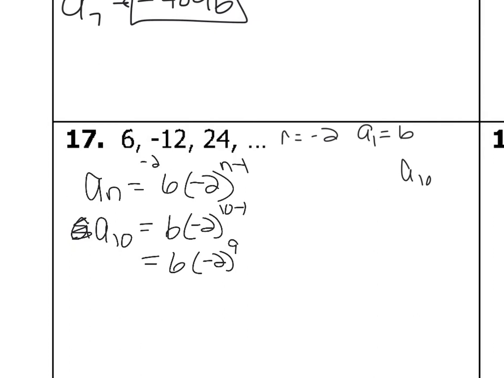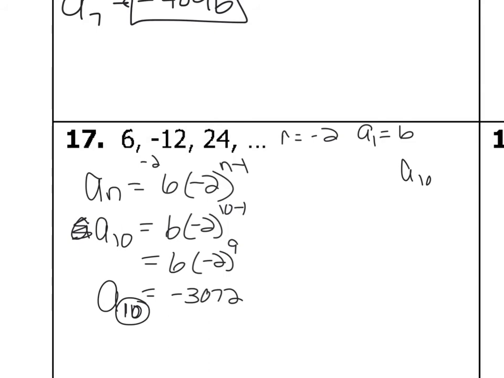I did the wrong thing. 6 times parentheses -2 parentheses to the 9th power is -3072. Okay? So instead of doing the 7th like they were asking, I changed it up and we're going to do the 10th term.